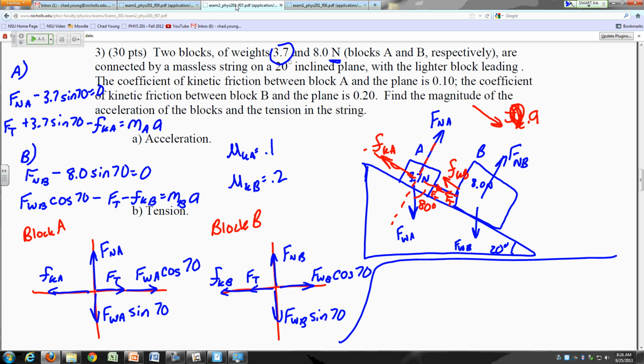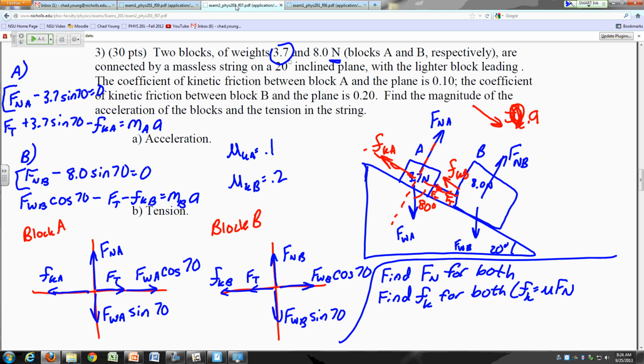All right, and then find the normal force for both. See here, I can find FNA and FNB simply. Find FK for both, because I know FK equals mu times the normal force, and mu is given for both here and here.